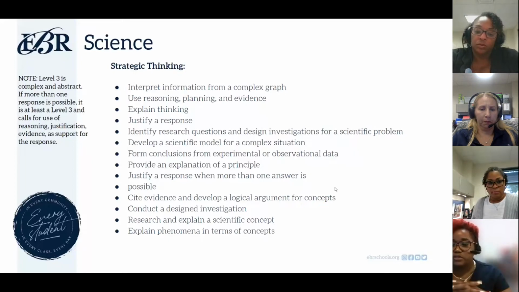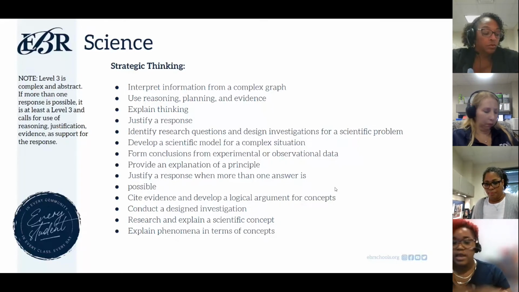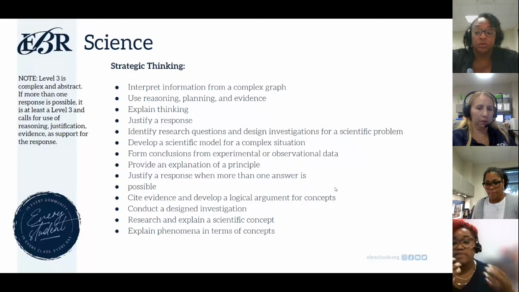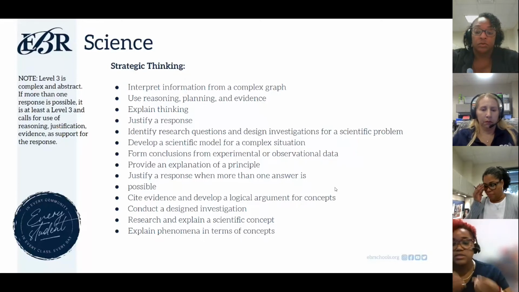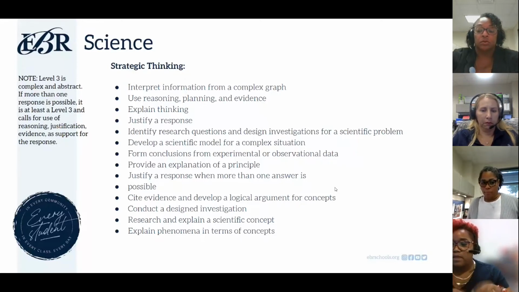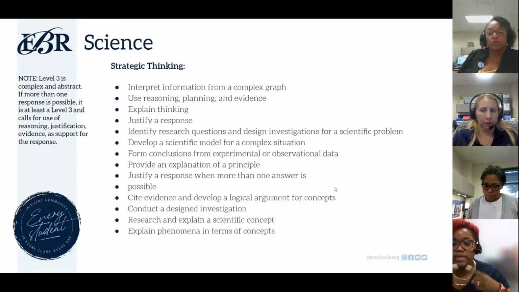If a teacher gives a student an experiment or some type of activity that the teacher has designed and said, okay, you're going to do this, this, and this, and then we'll see what you have, and then you have to explain it, that is still considered DOK level 3 because we're conducting an experiment that has already been designed. You don't get into DOK level 4 until the students are designing their own experiments or investigations to be able to figure out a problem.